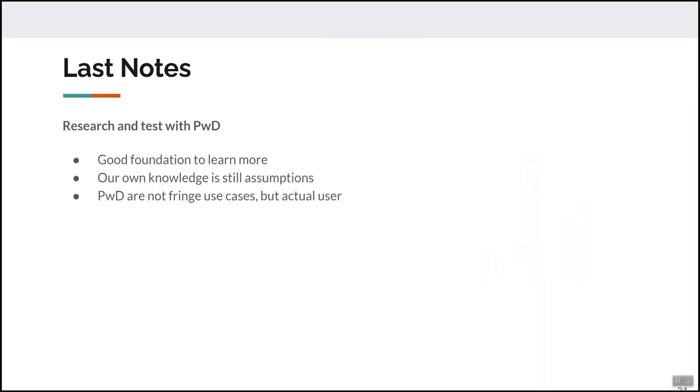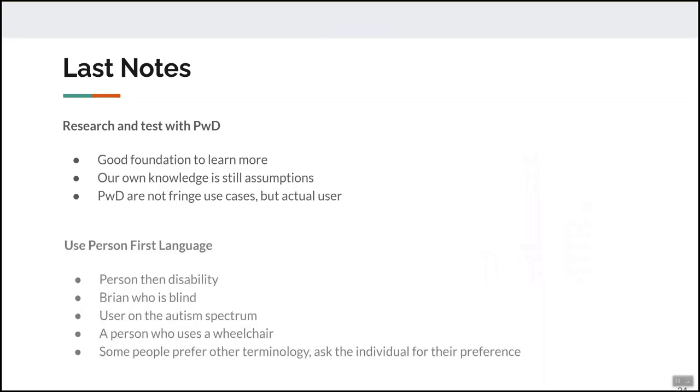Remember that 26% of the adult population in the United States has some sort of disability. That's a pretty large percentage. They are not fringe cases. They are our everyday users. And the more that we design to include them, the more likely they will be our users and our loyal users.